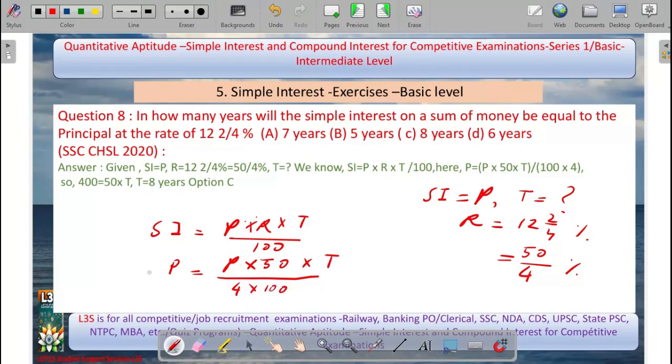So we can cancel P. Then we do the cross multiplication. First we simplify 50, then we can 2. So 2 into 4, 8. 8 is equal to, if we do cross multiplication, 8 is equal to T. So T will be 8 years.